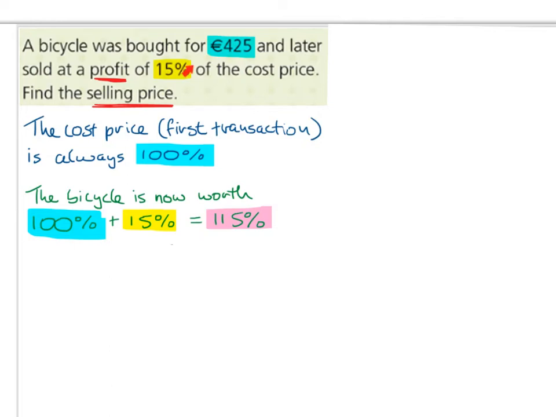They've made a profit of 15%, so the bicycle is now worth 100% plus 15%, which is 115%. So the bicycle is now worth 115% of the cost price.